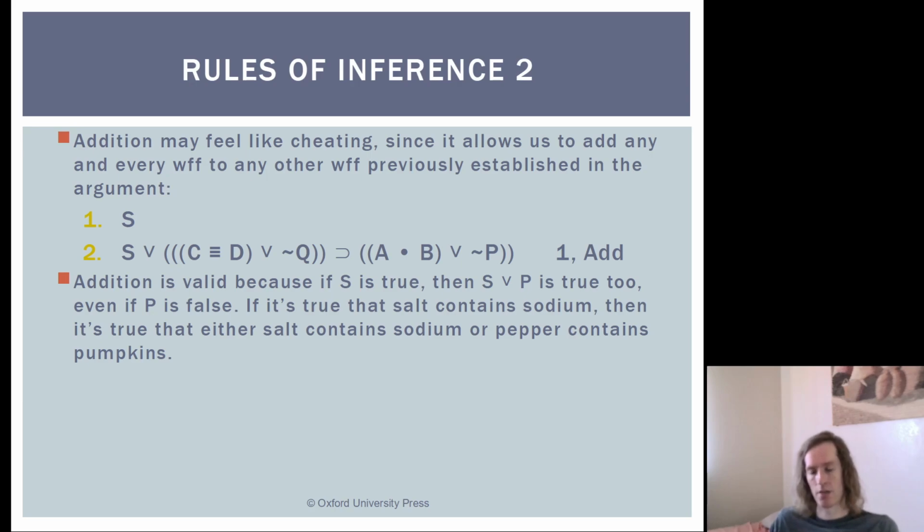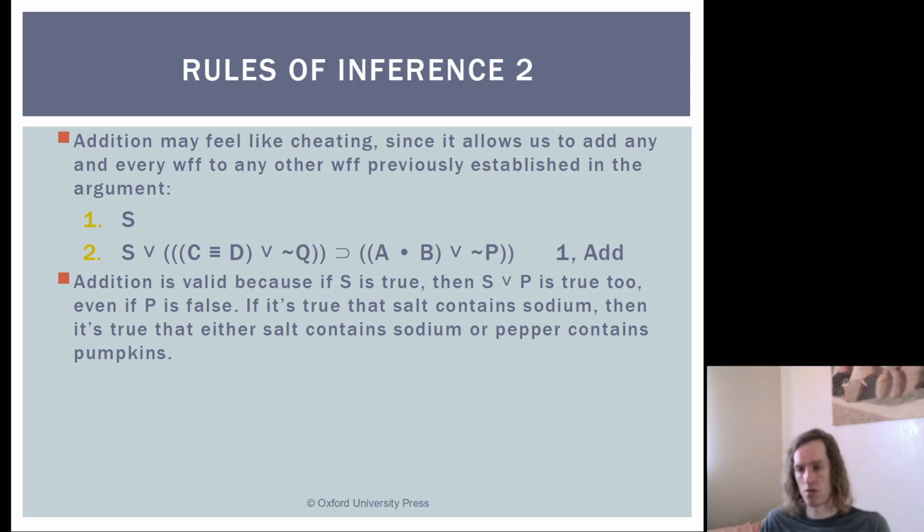I'm taking S and I'm saying, either S or C if and only if D or not Q, then it's the case that A and B or not P. And that'll be true because S is true. So it's true that S or this other long formula.